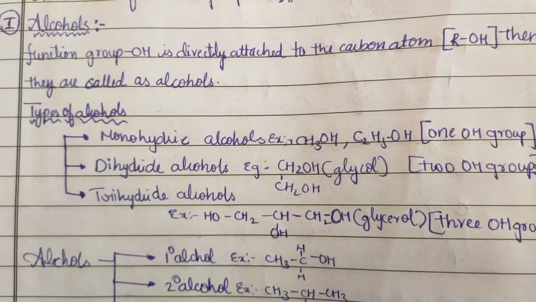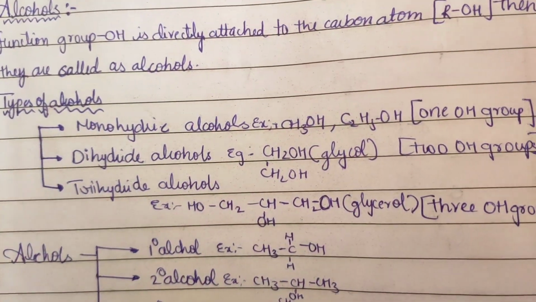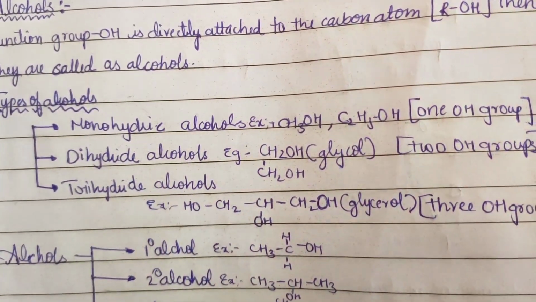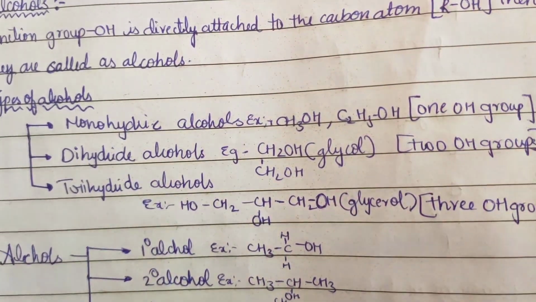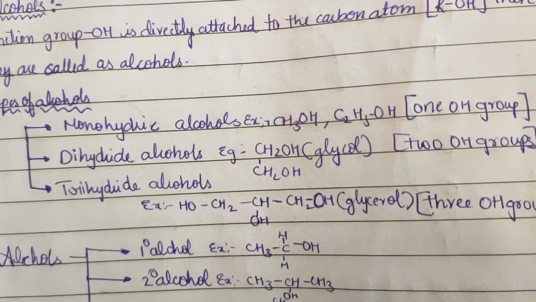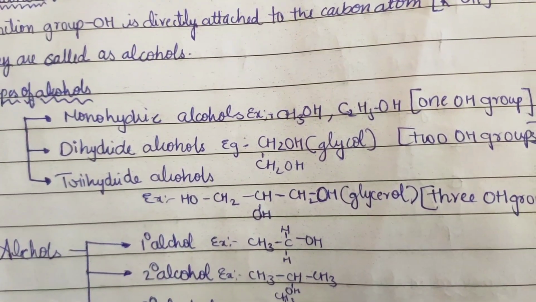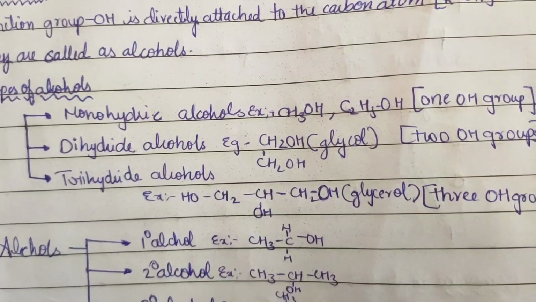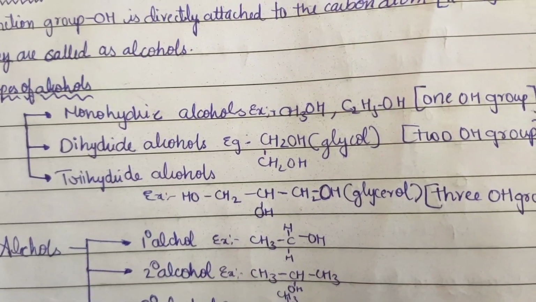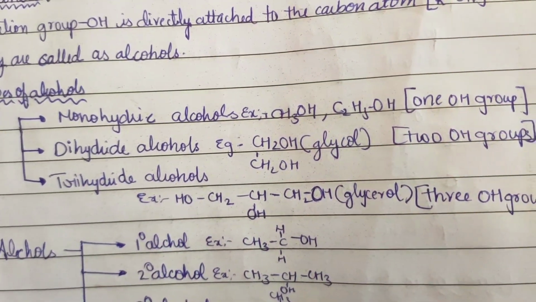Now, types of alcohols. First is monohydric alcohols. For example, here you can see CH3OH or C2H5OH. One OH group is present. Then dihydric alcohols, for example CH2OH, CH2OH, known as glycol, where two OH groups are present.